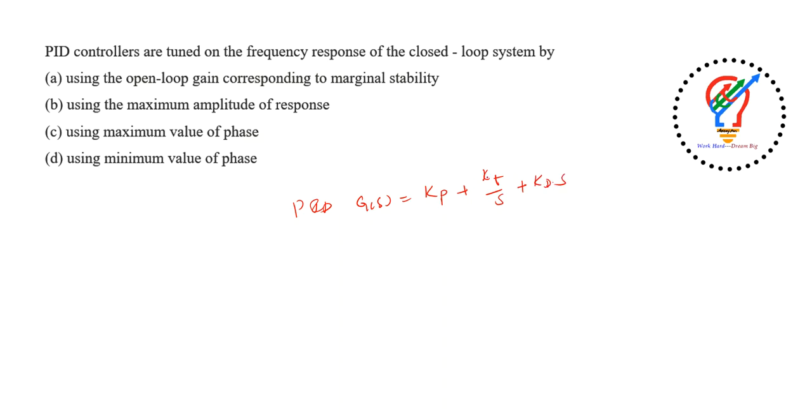The PID controllers are tuned on the frequency response of the closed loop system by using the open loop gain corresponding to marginal stability. The answer for this question will be A. Next, we'll move to the next question.